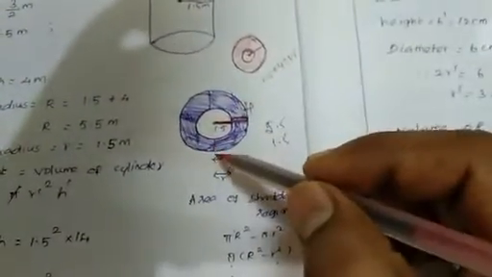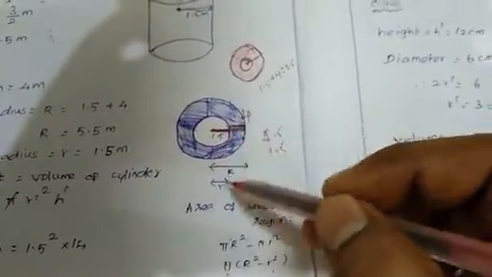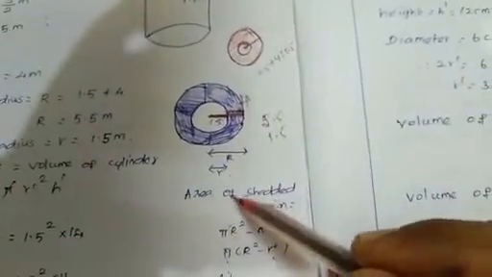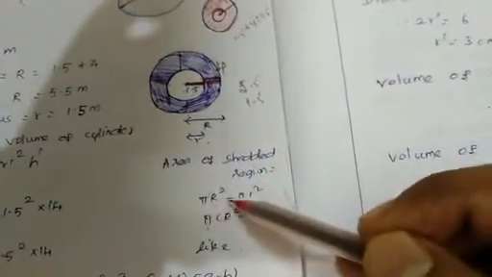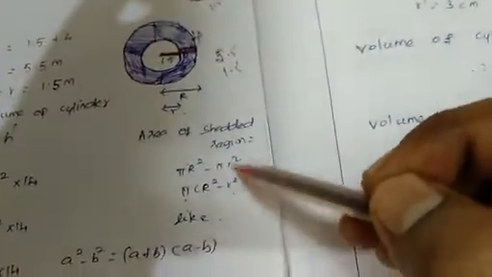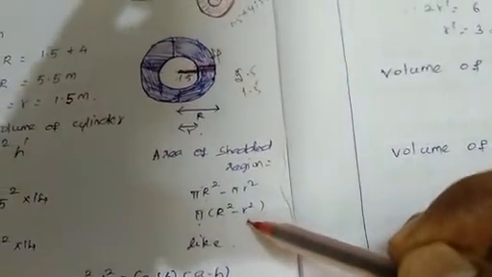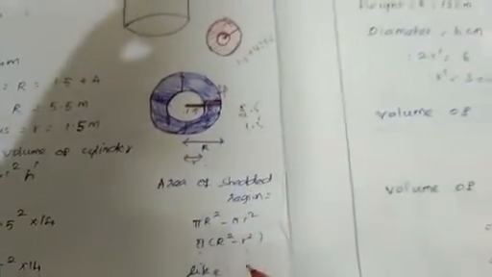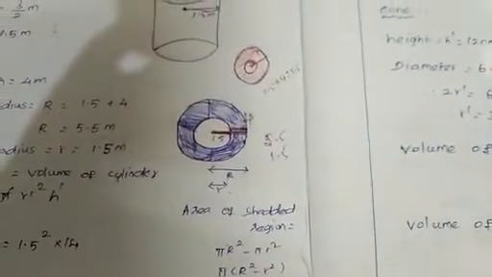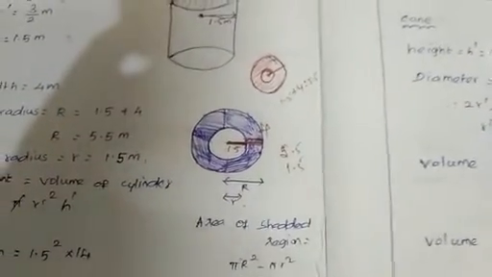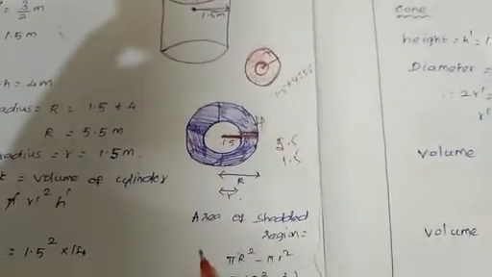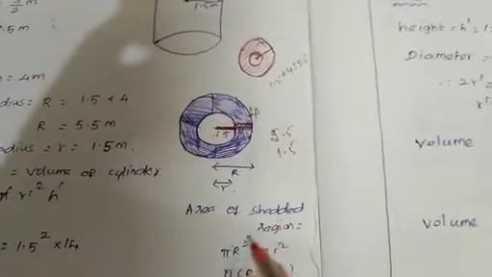So with capital R the bigger radius and small r, the area of the shaded region is pi capital R square minus pi small r square, that is pi into capital R square minus small r square. Like that we are going to find the volume of the hollow cylindrical shape. So in that hollow cylindrical shape, capital R and small r are given.